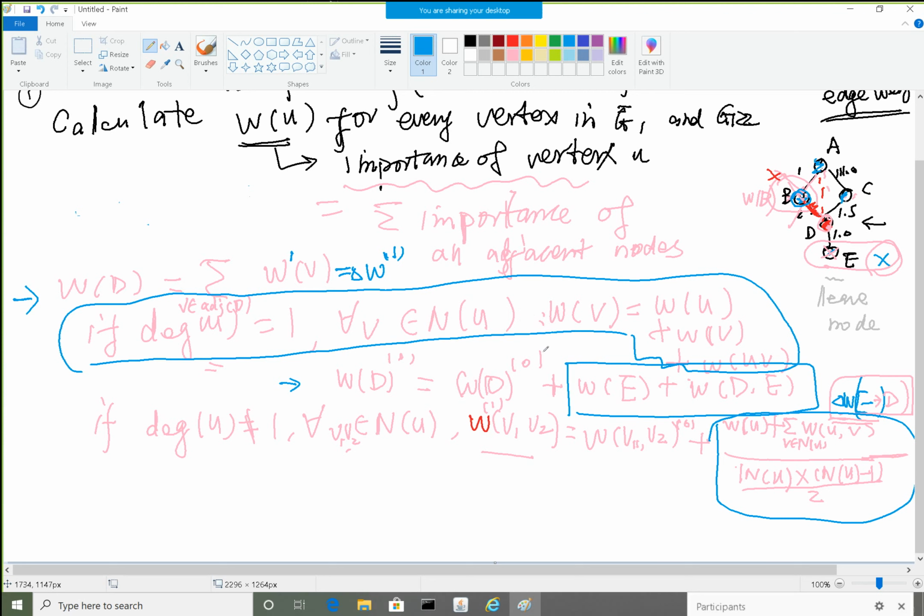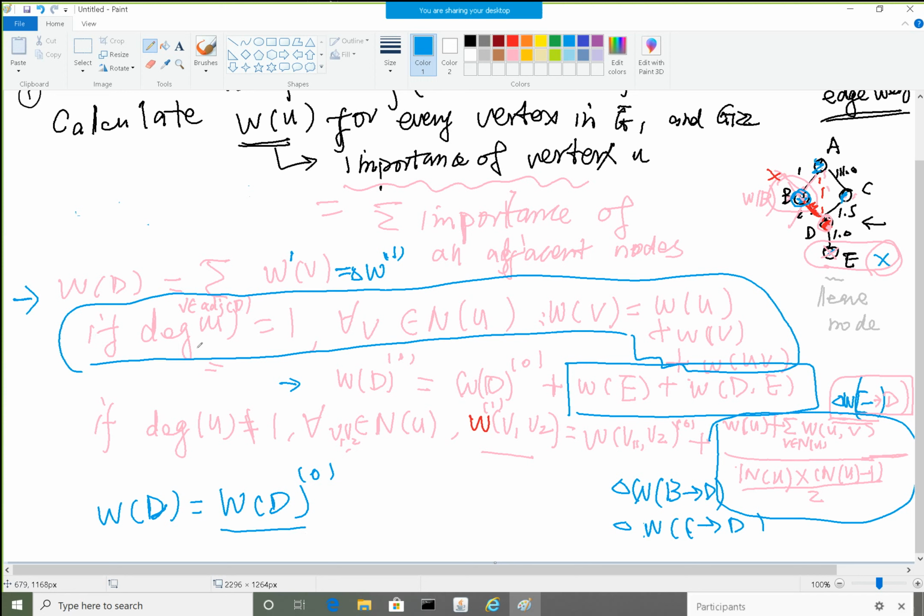So this way you calculate the average contribution. This one also equals the delta W, and this corresponds to B to D, right? And you can use the same way to calculate the delta W, C to D. So the weight for WD is equal to WD itself, where I use 0 to correspond to the original version, and do not consider the earlier contribution from just the original WD.